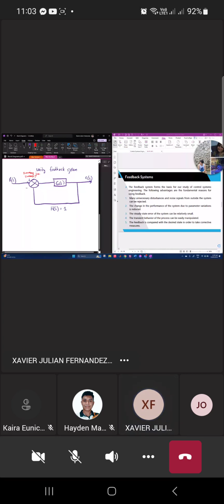But this comparator term is usually used in implementation in electronics, when you implement it in your system.